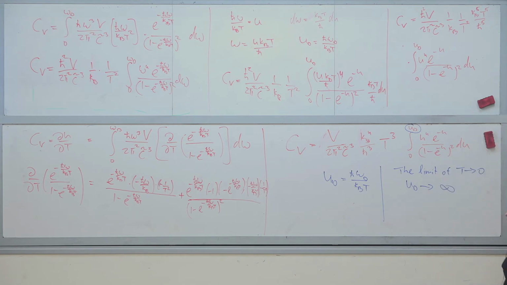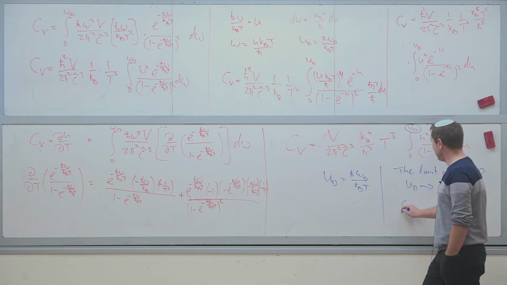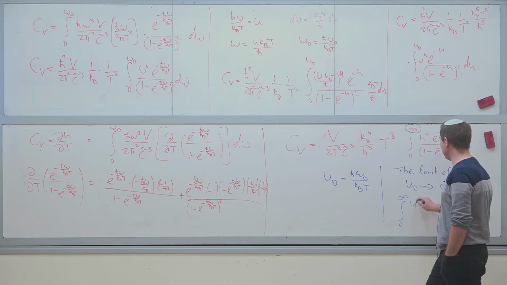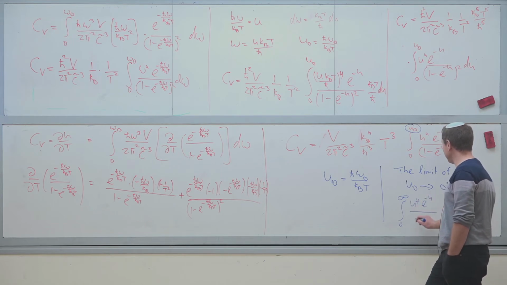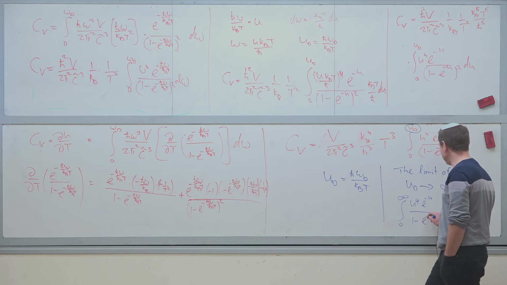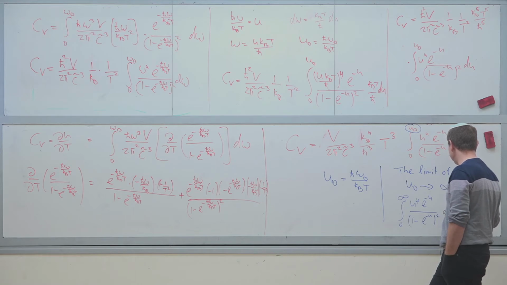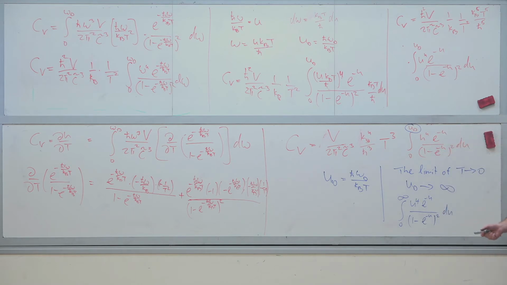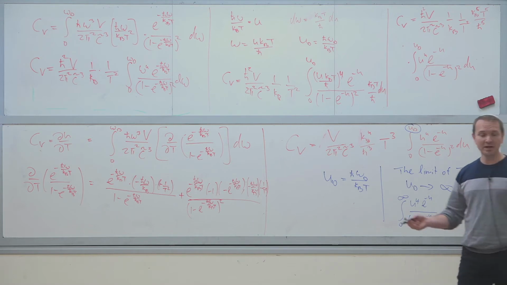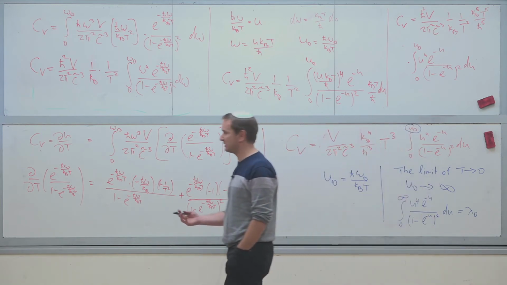Now, when UD goes to infinity, we have an integral between 0 and infinity of u to the fourth e to the minus u divided by (1 minus e to the minus u) to the second power, du. This is an integral, but it is just a number. We can call it lambda 0. I don't care what this number is, it's a prefactor.